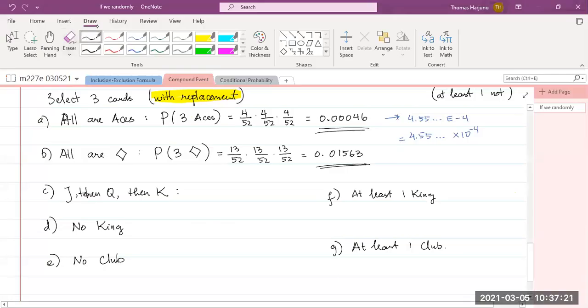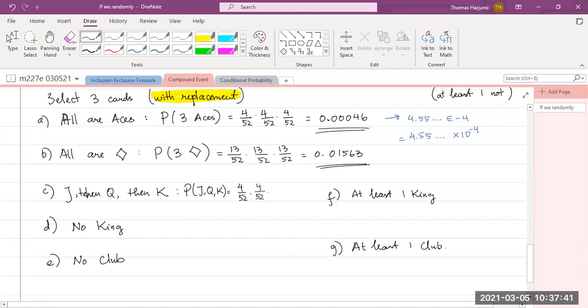So part C, probability of getting Jack, then Queen, then King. That will be 4 out of 52 because there are 4 Jacks out of 52 cards. And then there are 4 Queens out of 52 cards because you put it back.